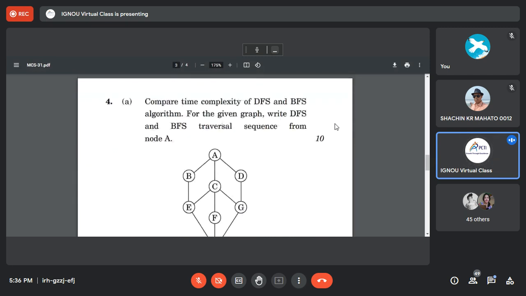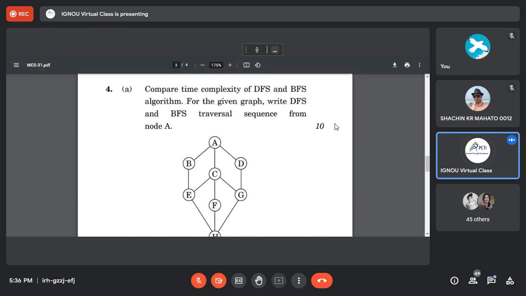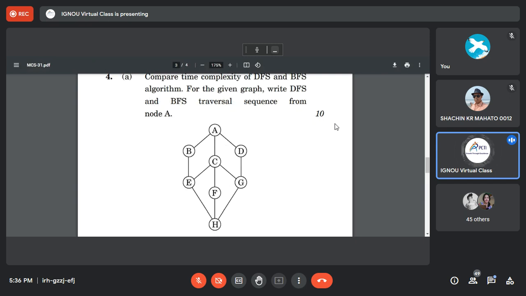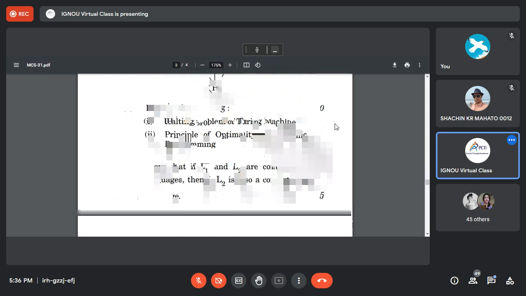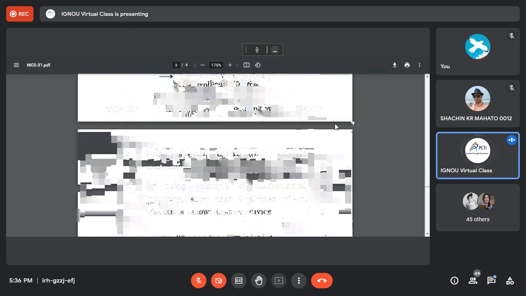Compare the time complexity of the DFS and BFS algorithms for the given graph. Write the DFS and BFS traversal sequence from node A. So you have to perform DFS and BFS here. This is not in your syllabus.